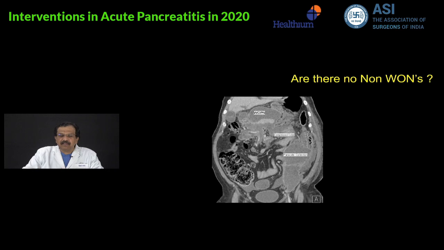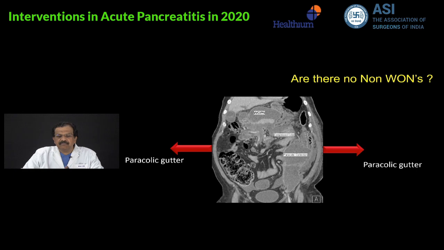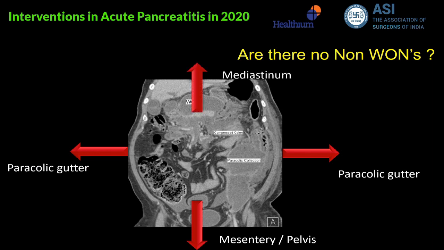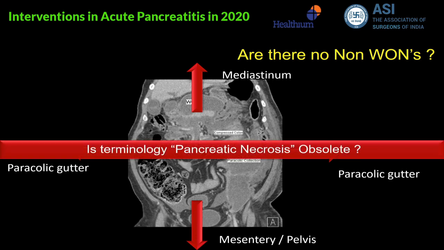Now, in current day clinical practice, the question that is repeatedly asked is, are there no non-WONs? In the sense, what about non-walled-off pancreatic necrosis? See, we have this necrosis that extends into the paracolic gutters, the right and the left paracolic gutters. Sometimes it extends into the mesentery, pelvis, and it can always extend into the mediastinum. For these, initially we used the term pancreatic necrosis.